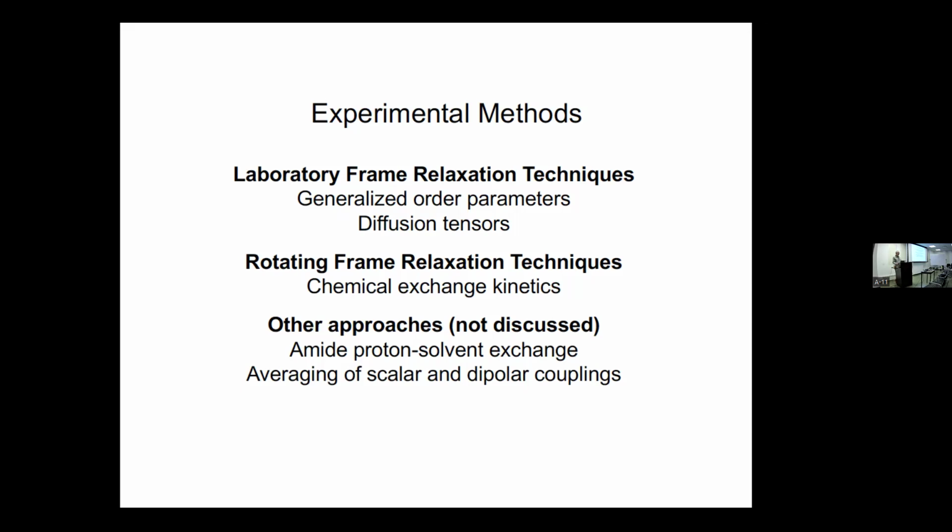But with relaxation dispersion experiments, we're always really proud of ourselves if we measure populations of 0.5%. But with amide proton exchange, you can detect minor states of 0.01%, fractions of 10 to the minus fourth-ish.